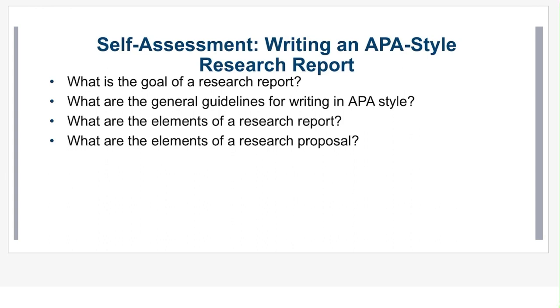And then the second section, 16.2, we talked about the general guidelines for writing in APA style: that it should be objective, simple and concise, not a lot of extra words, not a lot of fluff, very fact-based, and written in a very clear and organized way so that readers can understand your research.